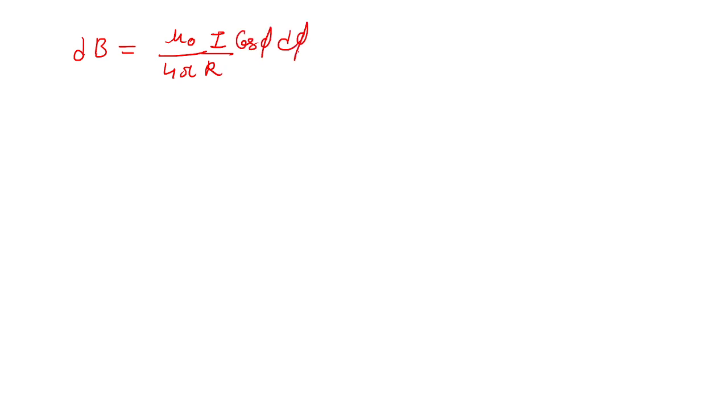Let me draw that diagram. This was our center, this was point P, and this was that small current element I dl, and this was angle φ. I am taking only the angle that is made by P with respect to the center distance and that radial distance.